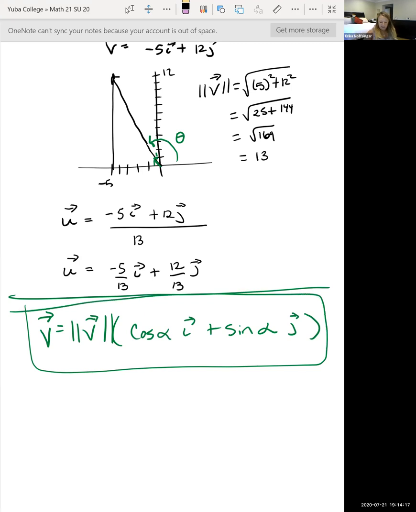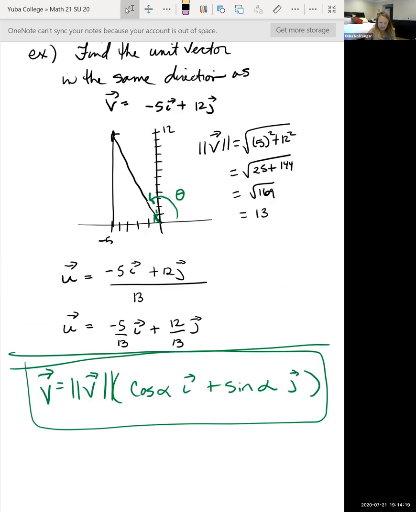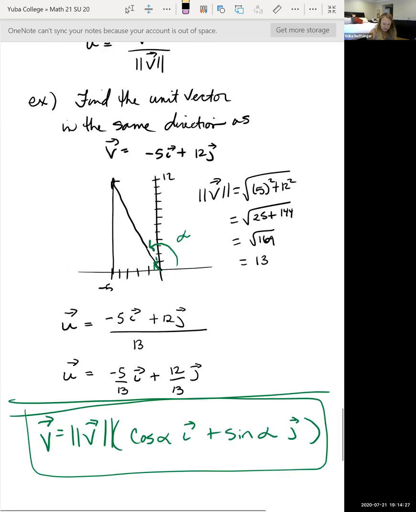So if I had looked at this, right, and let's say instead of calling this theta right here, I called this alpha, it would be telling me for this vector v, I'd have to find my magnitude, my r value. Remember this was a unit circle. It would just be cosine of alpha.